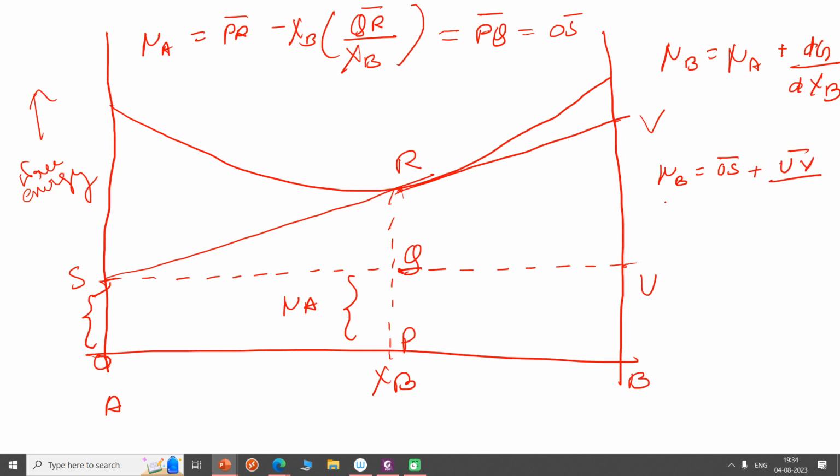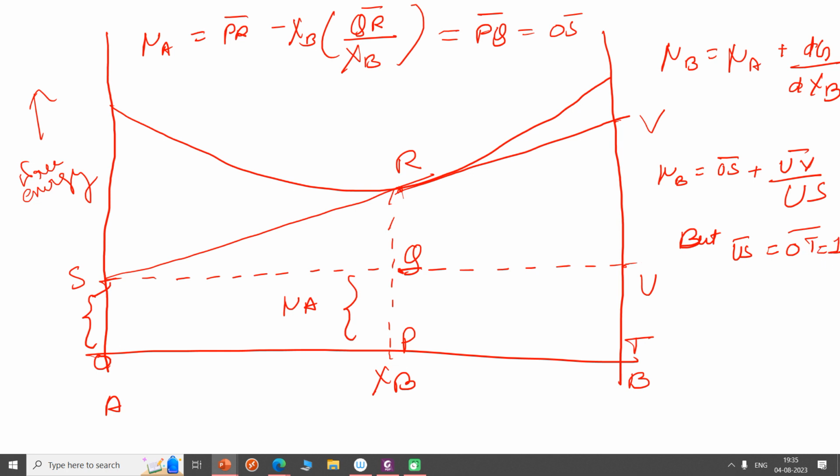This segment is equal to the OP segment, and that is equal to 1, let's say.